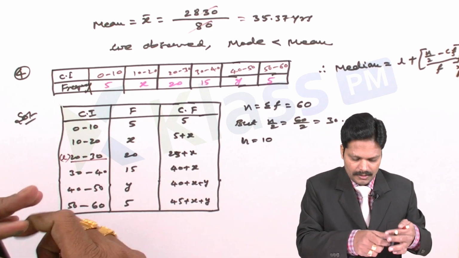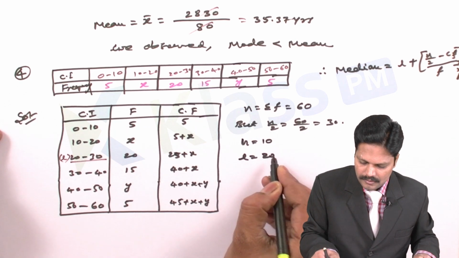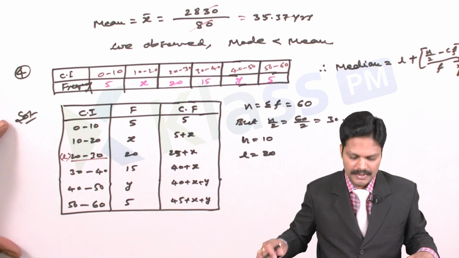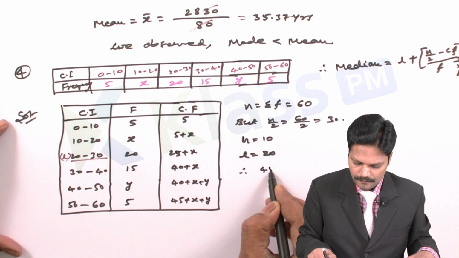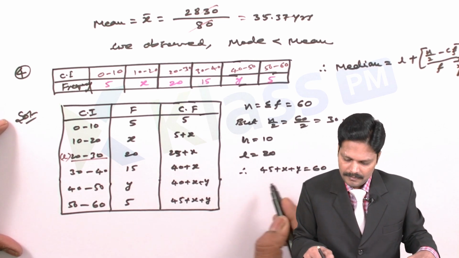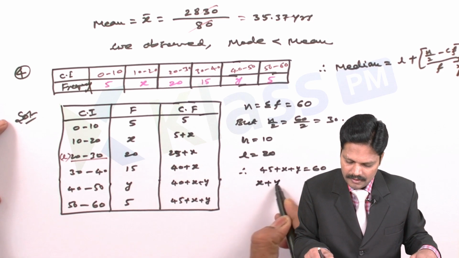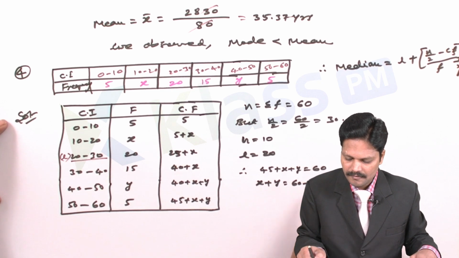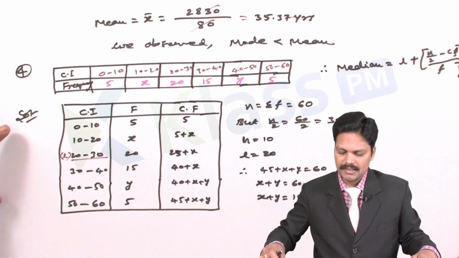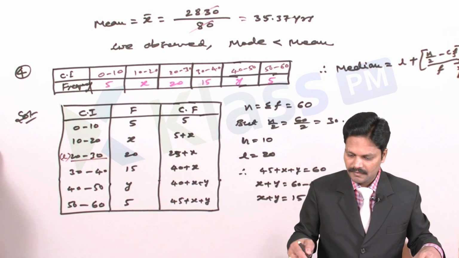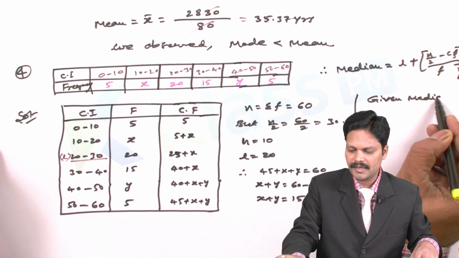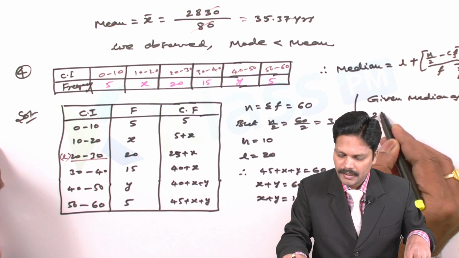The sum should equal 60 students. Therefore 45 plus x plus y is equal to 60. From that, x plus y is 60 minus 45, so x plus y is equal to 15. We take this as one equation.